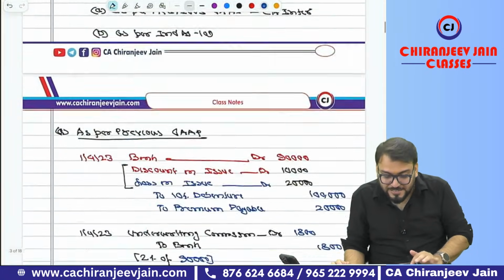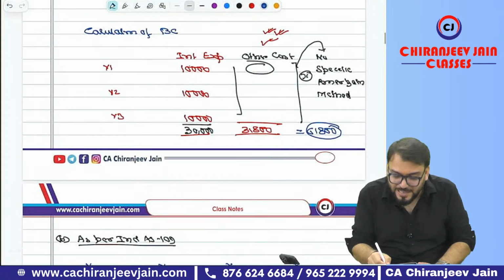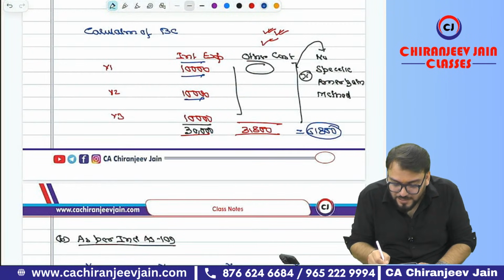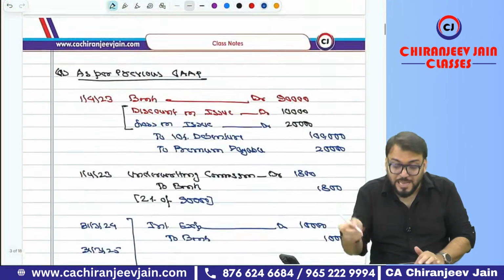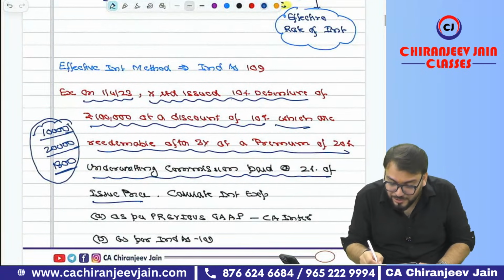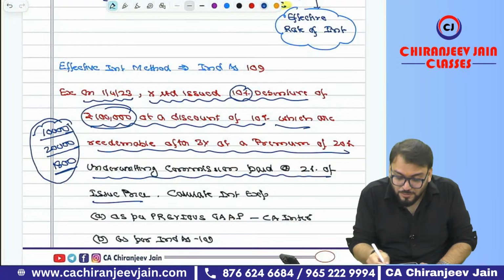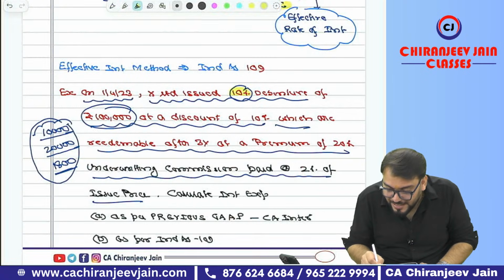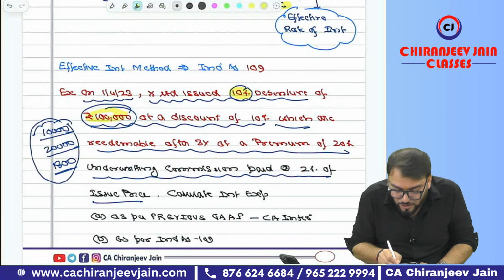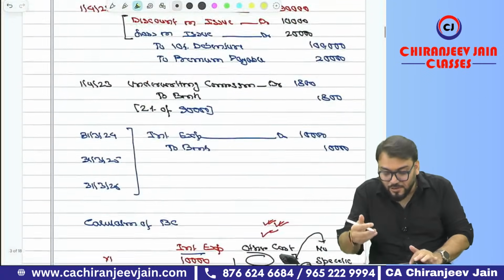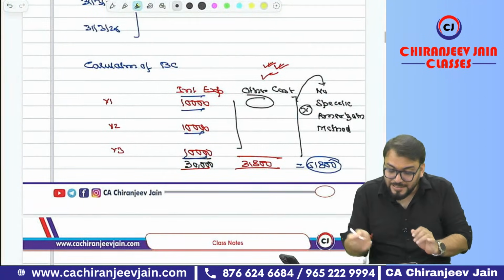As per AS 16, the interest expense will be 10,000 every year, because we apply the contractual rate of interest, 10%, on the nominal value. So it will be 10,000, 10,000, 10,000.